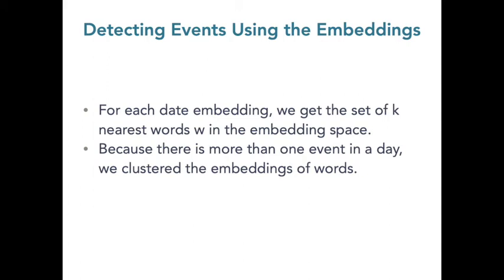We accomplish this by taking the vector representation corresponding to each date and the vector representations corresponding to each word, and for each date we use a cosine similarity measure to find the 10 words whose vector representations have the highest cosine similarity to the vector representation of the given date.